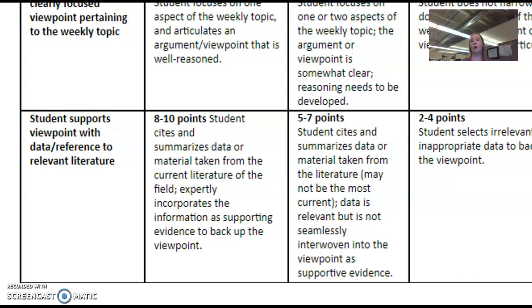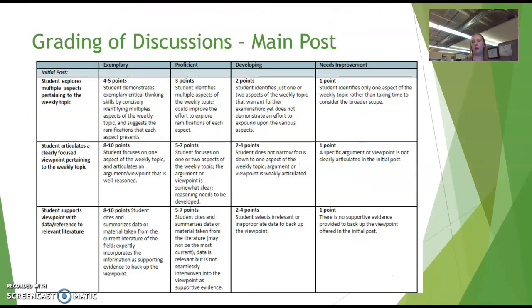That will tell me that you are fulfilling, you're backing up, you're proving your point using math. And if you've done some research to find some real world examples, then include those links, because if you don't, then you are not supporting yourself and you won't get the full credit. So that's how the main posts are graded based off of this rubric that we have in the classroom.